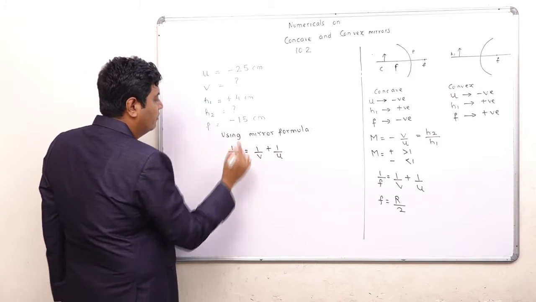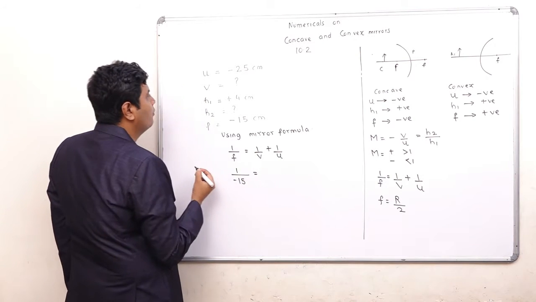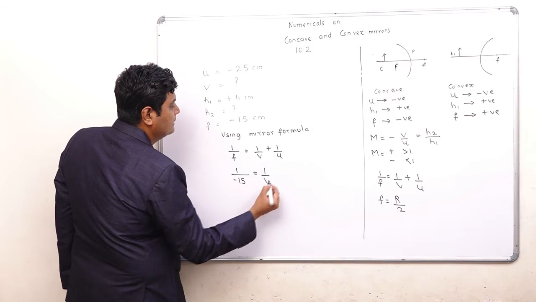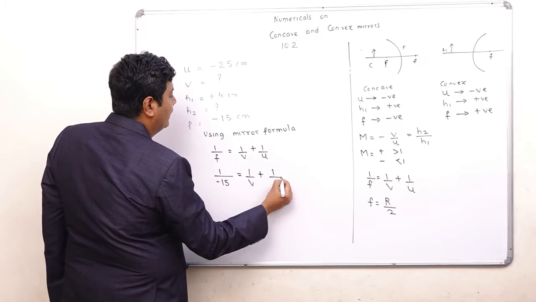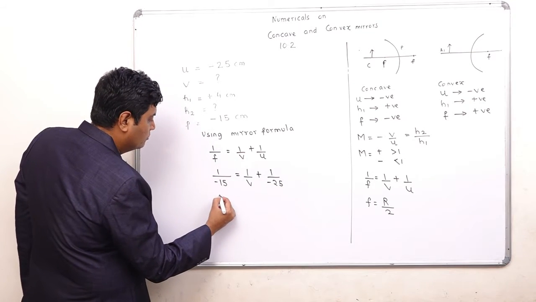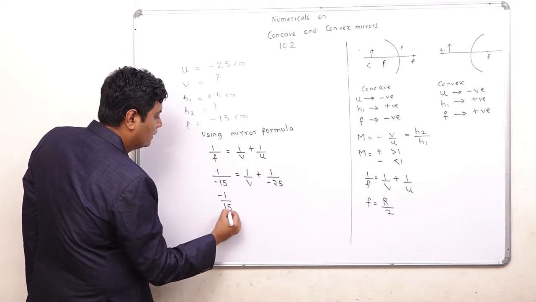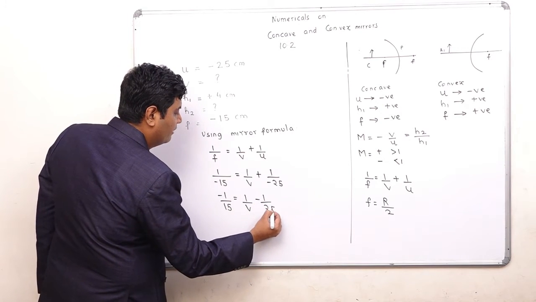What is the value of f? 1 upon minus 15 is equal to 1 upon v plus 1 upon u. So plus 1 upon, u is minus 25. So this becomes minus 1 upon 15 is equal to 1 upon v minus 1 upon 25.